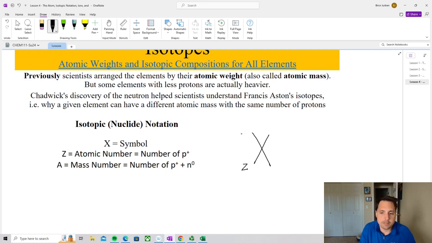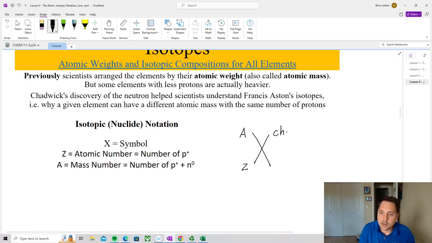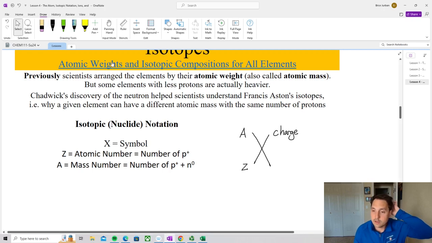And then the top left number, we'll write the mass number, which is not the atomic mass. It's just the sum of the number of protons and neutrons. And then in the top right, we can write the charge on that nuclide, whether it's neutral, positive or negative.